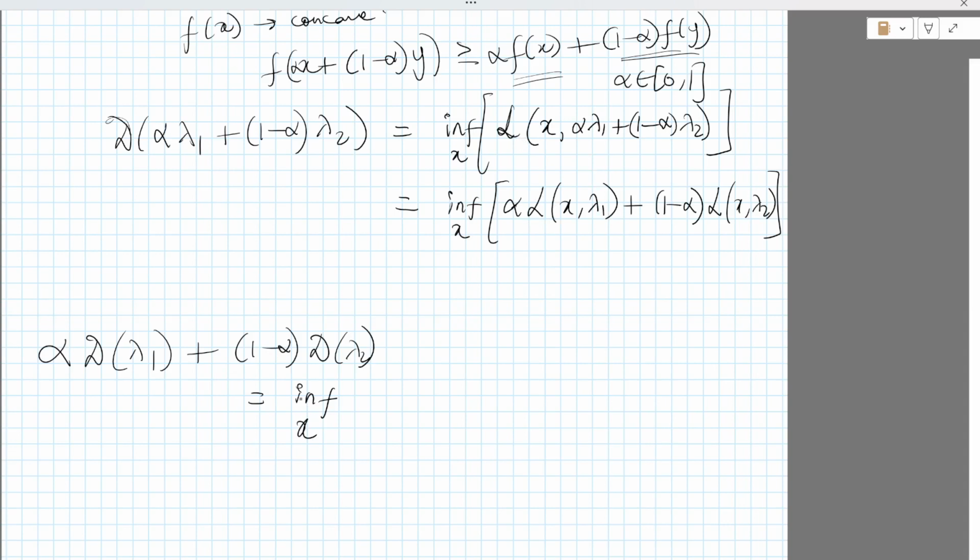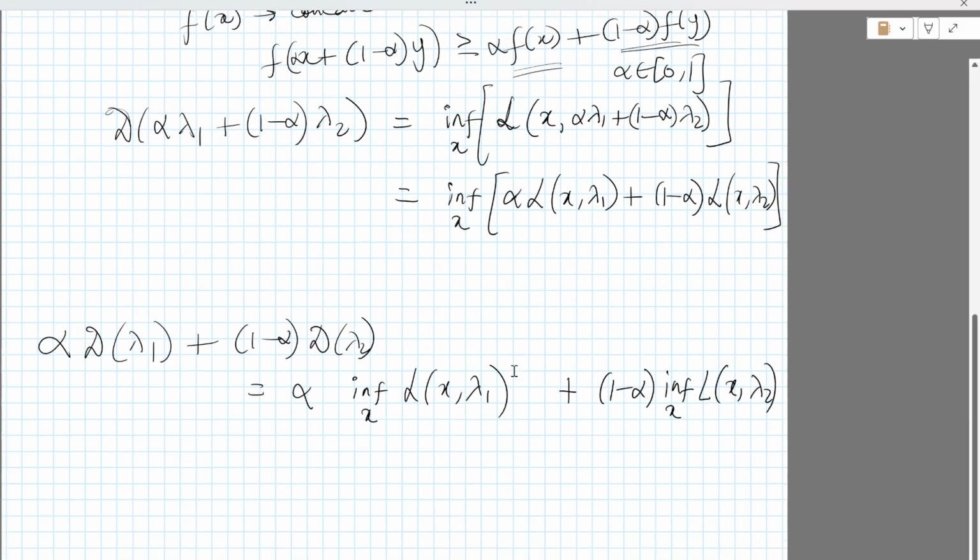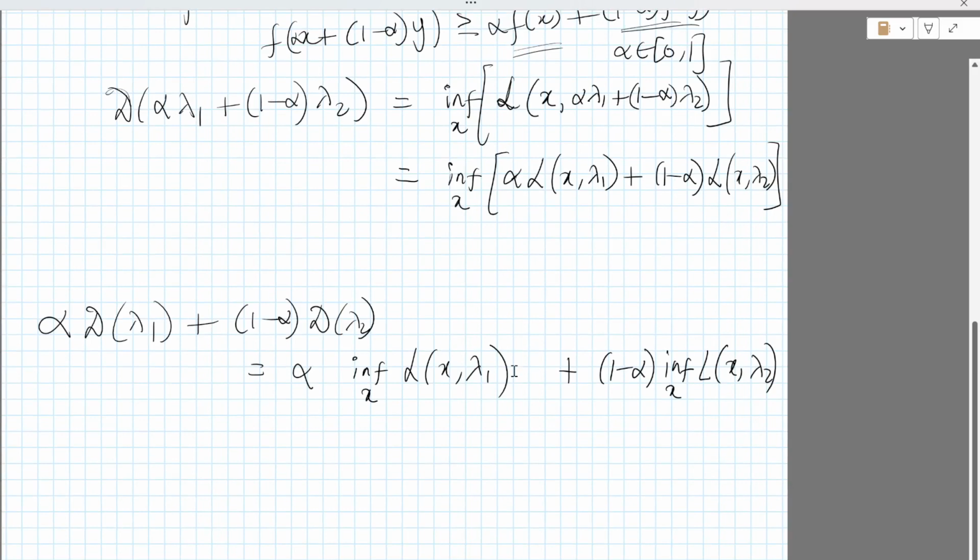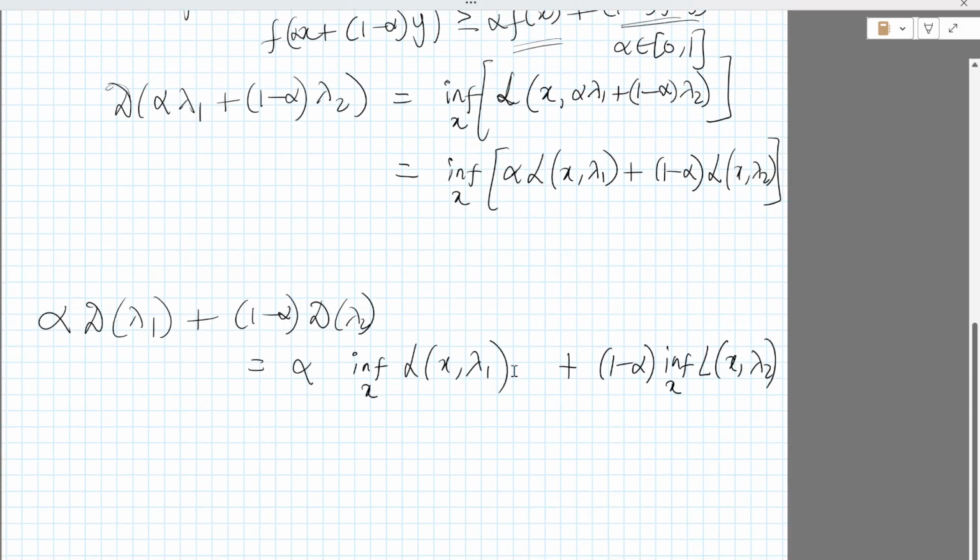For this also, if we look, what we will get is alpha times the Lagrangian of x lambda 1 plus 1 minus alpha times the infimum of the Lagrangian of x lambda 2. Now you have to look at this infimum property.